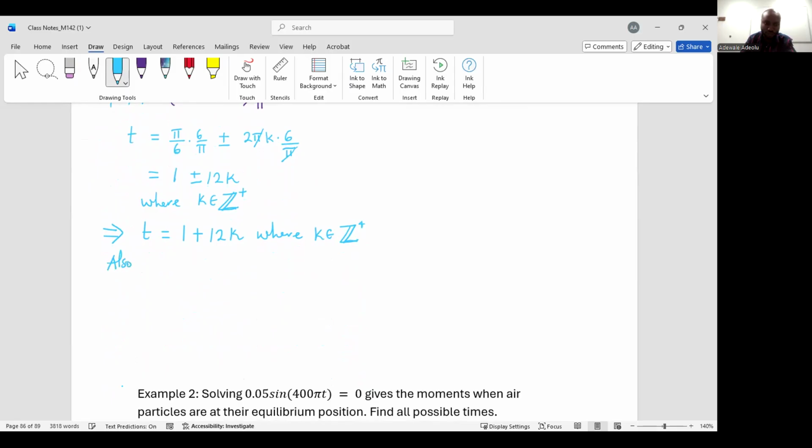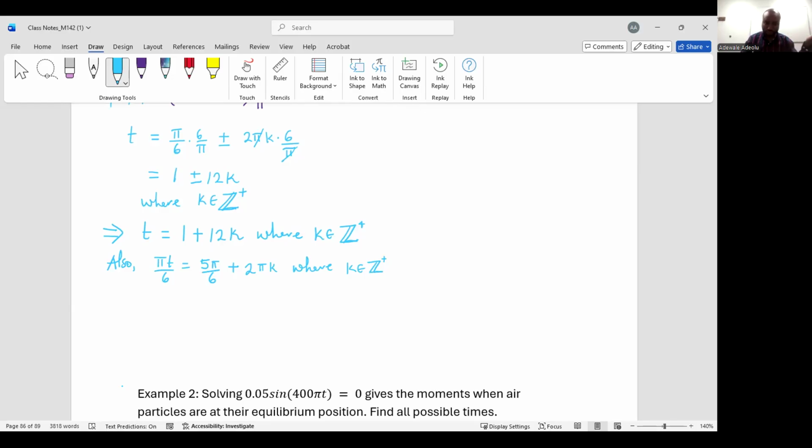So we say also, pi t over 6 equals 5 pi over 6 plus 2 pi k. Again, I will not use negative because I'm only considering positive integers.